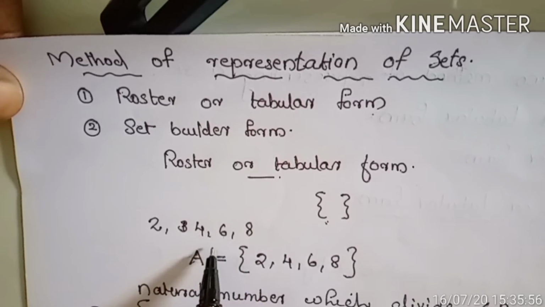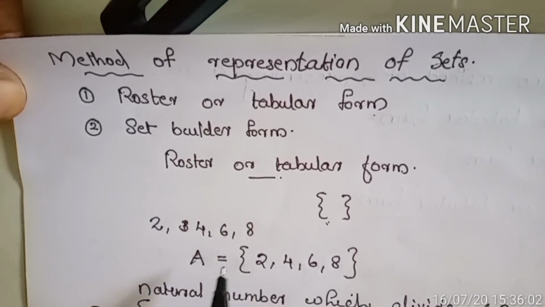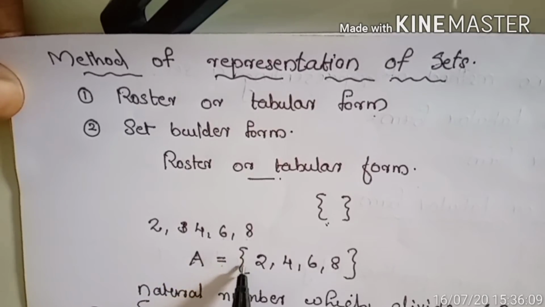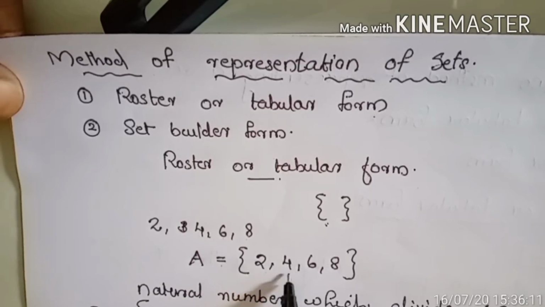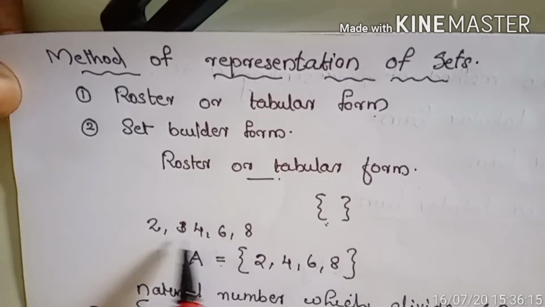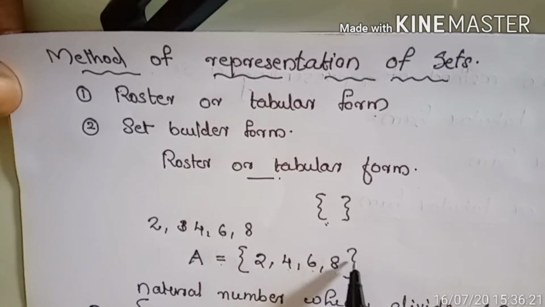In this method, we can represent this as A equals {2, 4, 6, 8}. That means the numbers are first listed, separated by commas, and enclosed within the bracket.